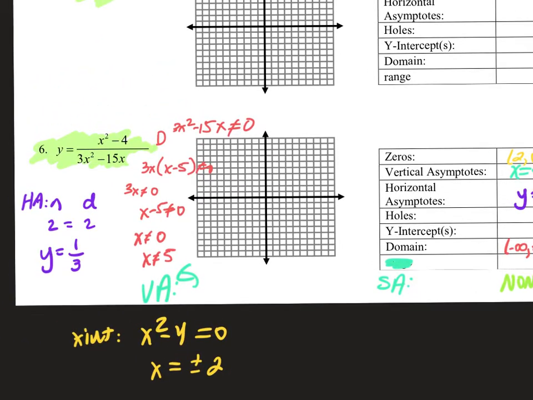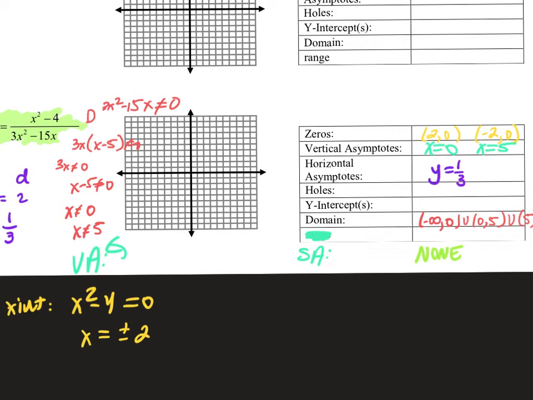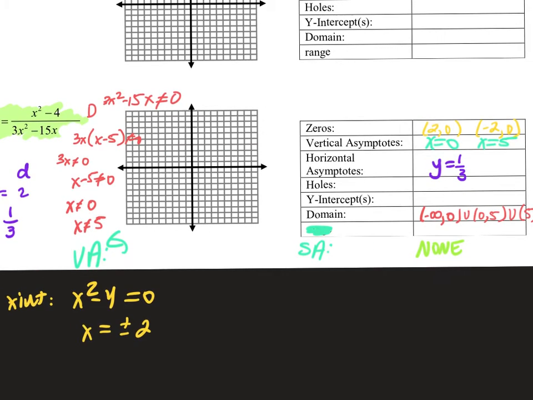All right, now let's go through finding our y-intercepts. This one might have thrown some of you a curveball, and that's okay. For the y-intercept, I plug in 0 for all of my x's. So I have 0 squared minus 4 over 3 times 0 squared minus 15 times 0.